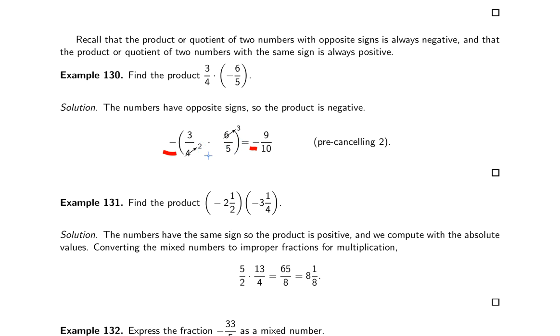Remember, you're multiplying straight across, so you'll get 18 over 20. But you can pre-cancel here. This 2 out of the 6 cancels the 2 out of the 4 down here, so you can make your life easier. When you cancel those 2's, you're left with a 3 here and a 2 here. So you get 9 over 10. So the answer is negative 9 over 10.